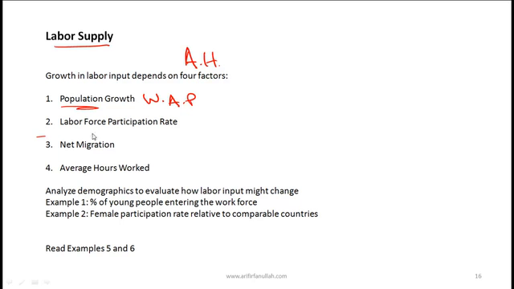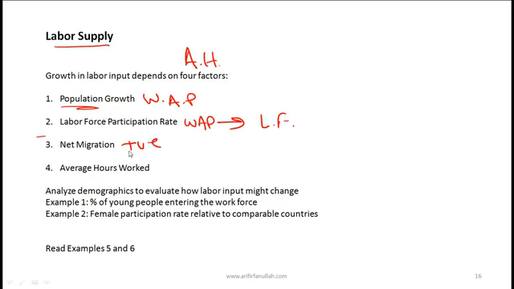The next point is labor force participation rate. What this means is that of the working age population, what percentage is actually in the labor force? Next item is net migration. So there are countries such as Canada where the net migration is positive.